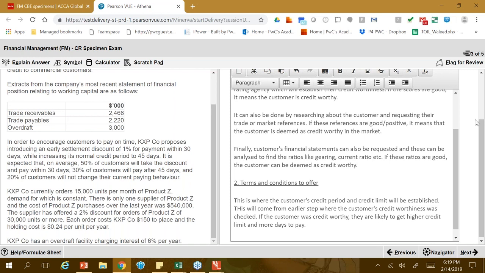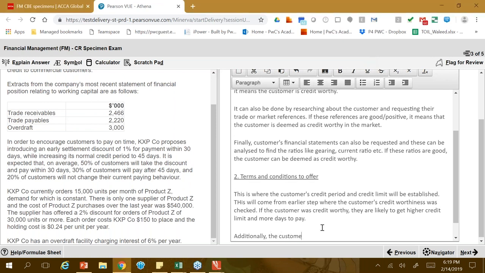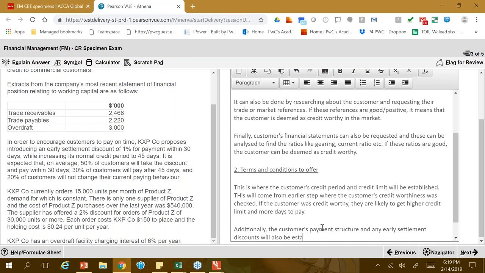There are more points coming in. Some other terms, discount limits, interest rate if payment is delayed. Yes, all are valid points. I'll take them now. Additionally, the customer's payment structure and any early settlement discounts will also be established here.